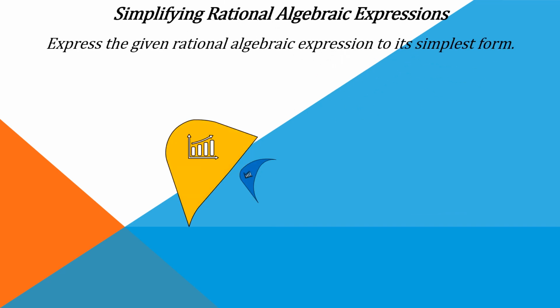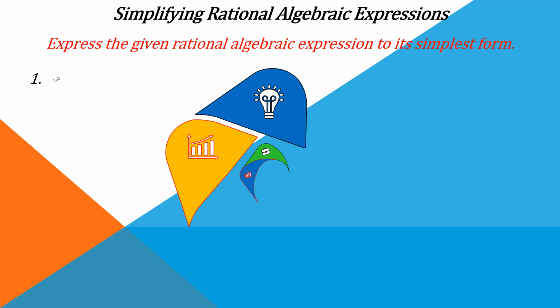Express the given rational algebraic expression in its simplest form. Number 1, 3x divided by 9x squared. Now, in this example, as I have told you, the first thing to do is to factor the numerator and the denominator.